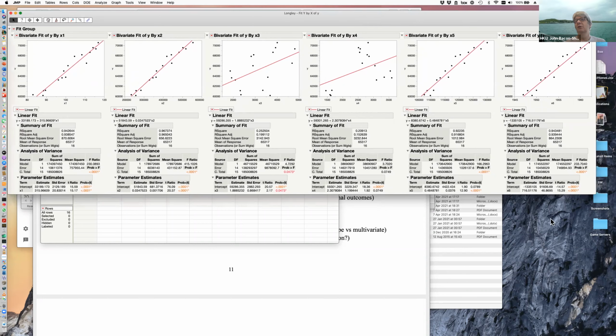So I want you to look at this and tell me in chat which of these variables you think are useful in a model for predicting y. Out of these 6 x's, you can look at the fitted models and the significance test for the slope of each of these and tell me which of these 6 variables you believe are useful in an overall model for y. Okay.